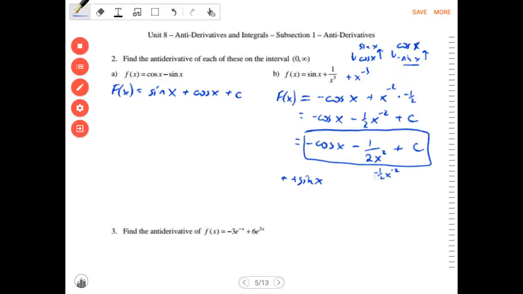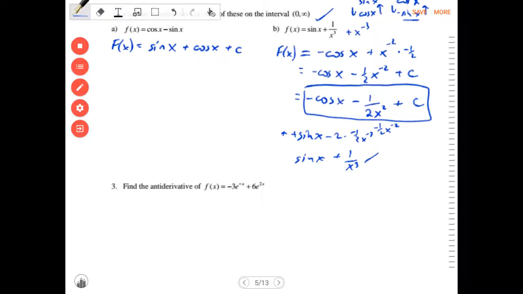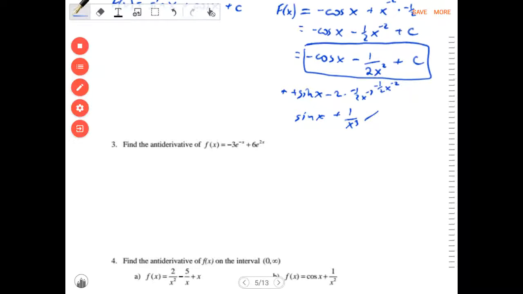You get negative 2 times negative 1/2 x to the negative 3. Negative 2 times negative a half is plus 1. So you get sine x plus 1 over x to the positive 3. And hey, that's the original question, so you know you're right. If you check it like that, you'll know you're right before I do, which is kind of nice.